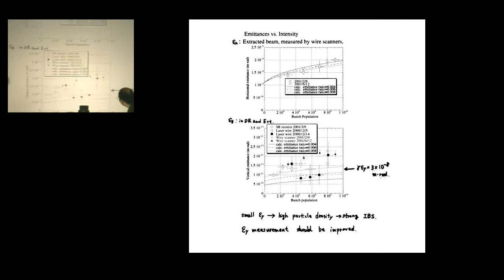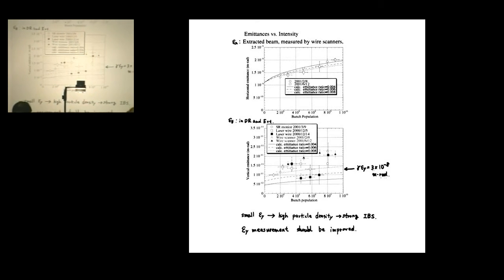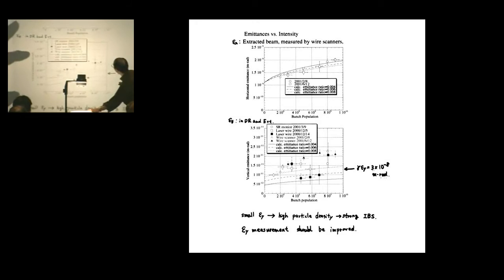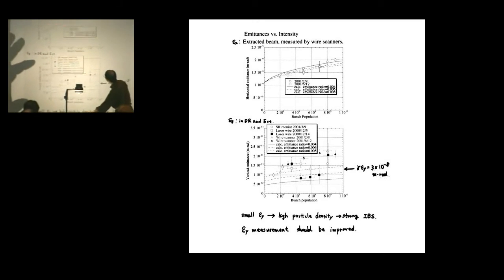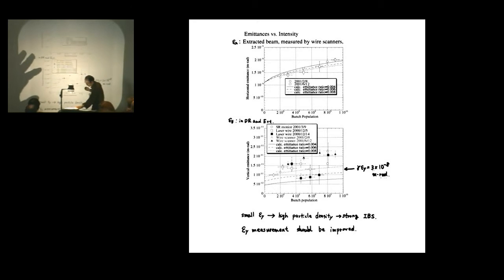Because small vertical emittance means high particle density, it means strong intra-beam scattering, then the emittance growth will become higher for smaller vertical emittance.